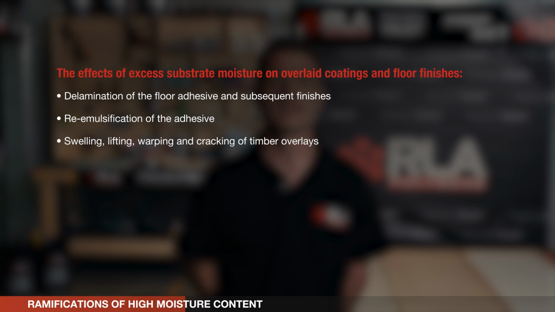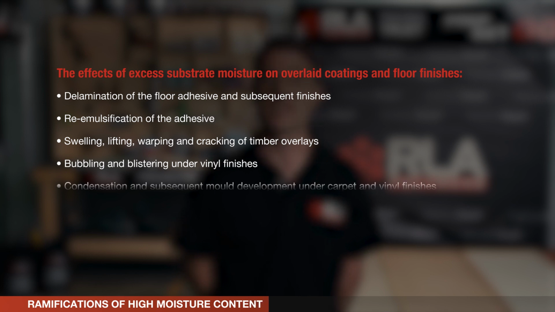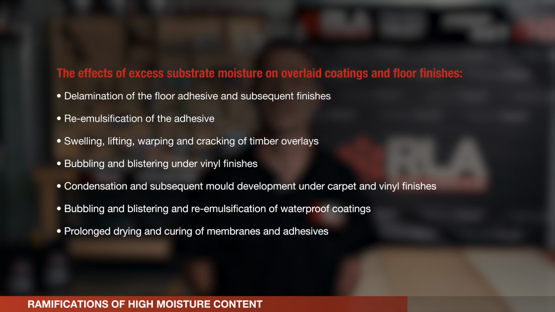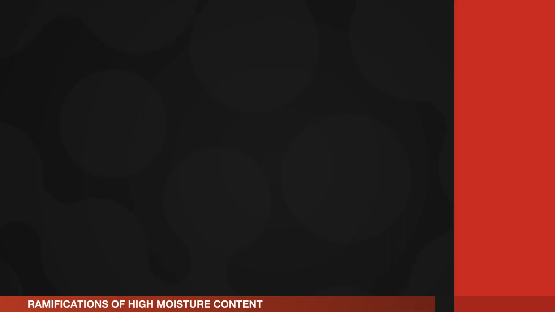It could be swelling, lifting or warping and cracking of timber overlays, bubbling and blistering under vinyl finishes, condensation and mold and mildew development under carpet and vinyl finishes, bubbling and blistering and re-emulsification of waterproof coatings, as well as prolonged drying and curing of membranes and adhesives. Suffice to say, the effects of excessive moisture in a substrate on surface finishes are mostly detrimental and costly when considering the associated costs of replacement, removal and reinstallation.